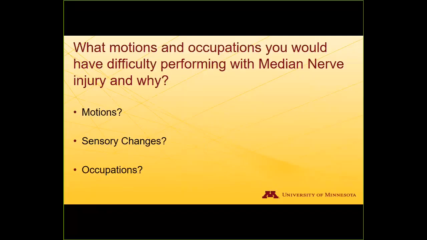Okay, so motions. And after this, maybe you want to take a few-minute break. What motions will a person have a hard time doing with a median nerve injury at the level of the wrist, whether it be a cut nerve or carpal tunnel syndrome?